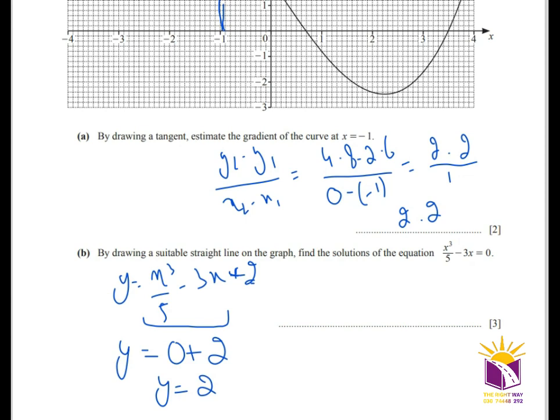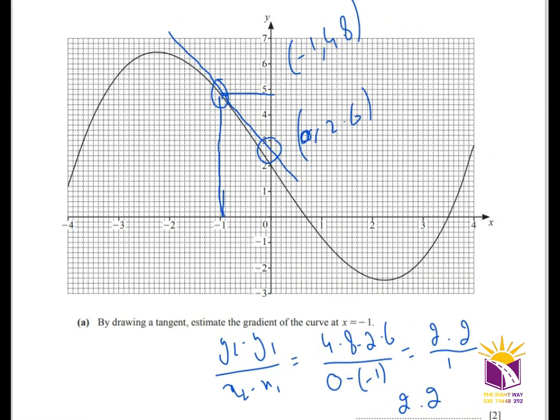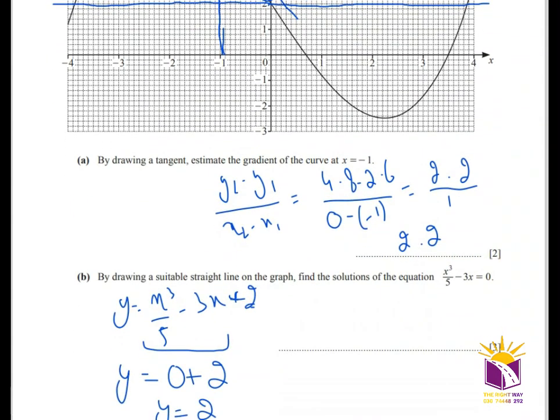Now I am going to draw a line for y is equal to 2, and for y is equal to 2, the line will be over here. A straight line at y is equal to 2, because I was given that x cubed over 5 minus 3x is 0.